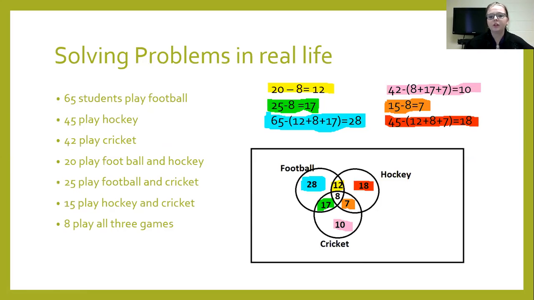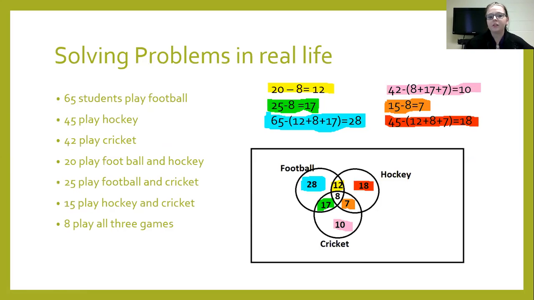Next, we're going to look at the pink-purple highlighted area, or the orange area, my bad. We know that there are 8 students who play all 3 games, and that there are 15 students who play hockey and cricket. So we're going to do 15 minus 8, and that is going to equal 7.